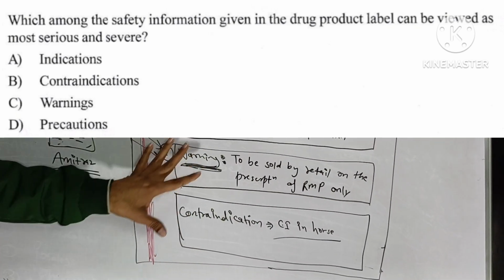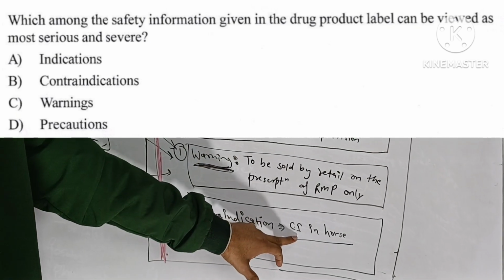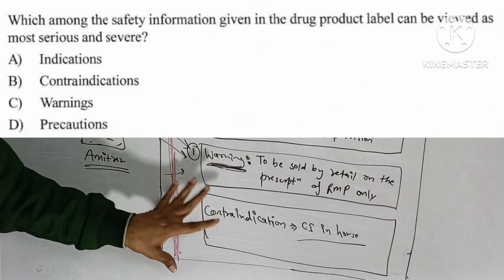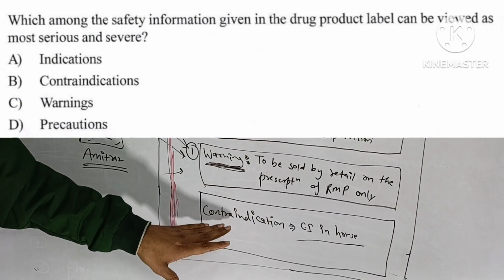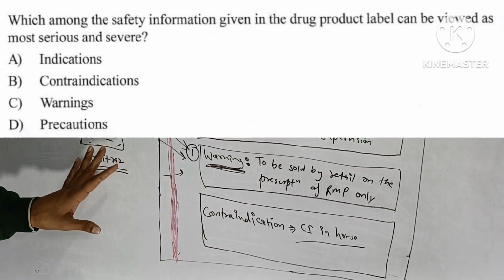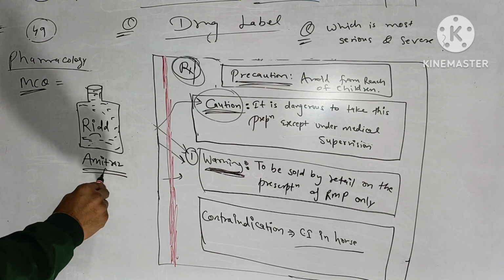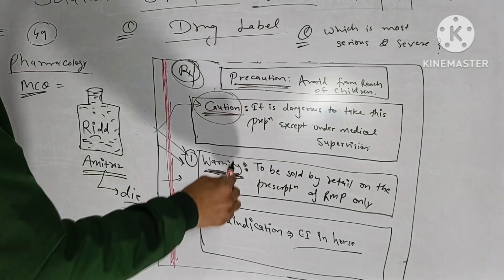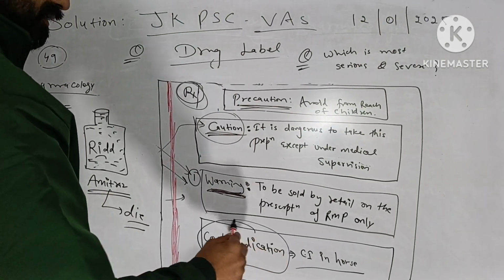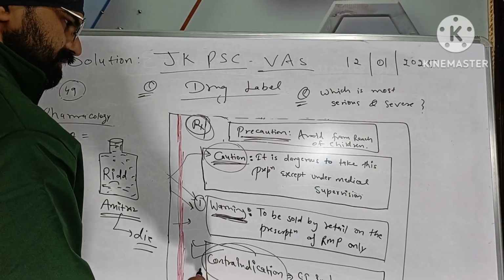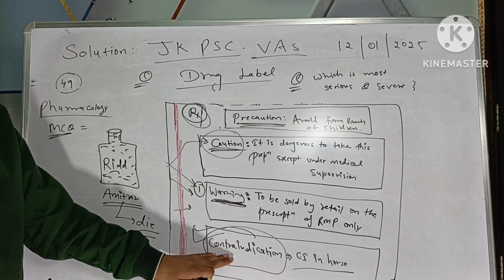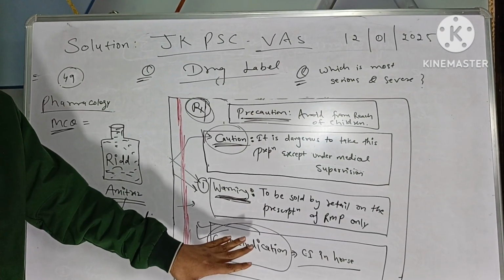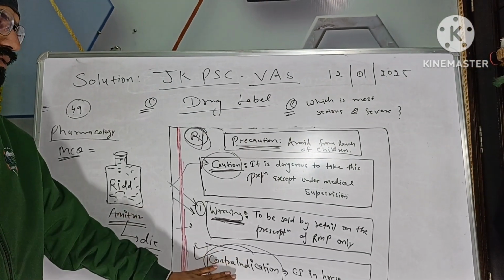As we all know, amitraz is contraindicated in horses. If we apply this amitraz in horses, the horse may die because of the toxicity. So out of these, contraindication is the most serious and most severe, dangerous or threatening for the life of the horse.